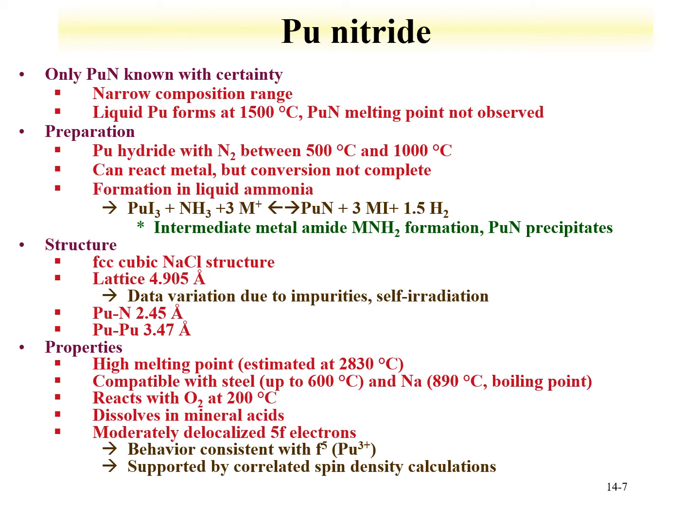As with most nitrides, it reacts with oxygen and dissolves readily in mineral acids. The 5f electrons seem to be delocalized, which is a good property for fuel. This delocalization helps plutonium nitride have good thermal properties that are compatible with what's needed for nuclear fuel.